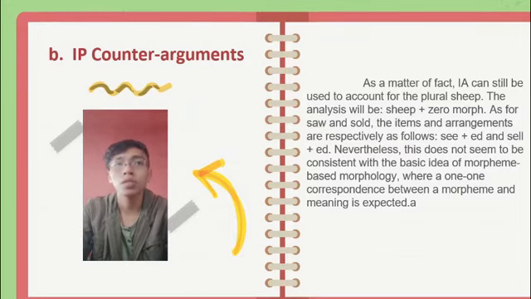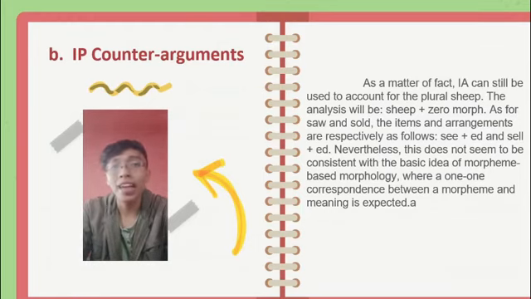Now suppose we would like to analyze a sample sentence. The sentence is: last Saturday I saw thousands of sheep which will be sold. So which morphological model can or should we use, IA or IP?